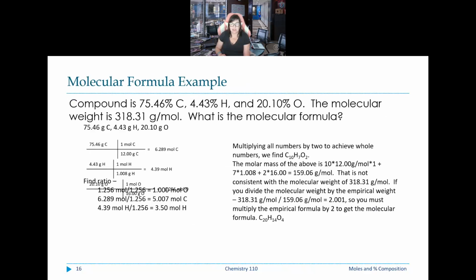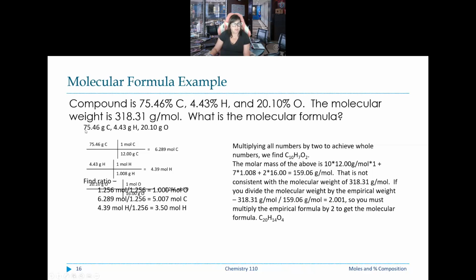Here's another example. Let's do it again. Sorry, that came out looking really horrible. So a compound is 75.46% carbon, 4.43% hydrogen, and 20.10% oxygen. Molecular weight is 318.31 grams per mole. What's the molecular formula?